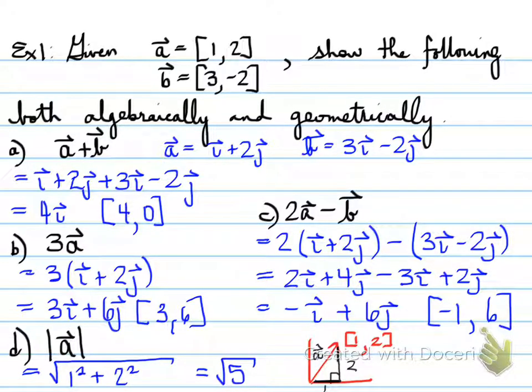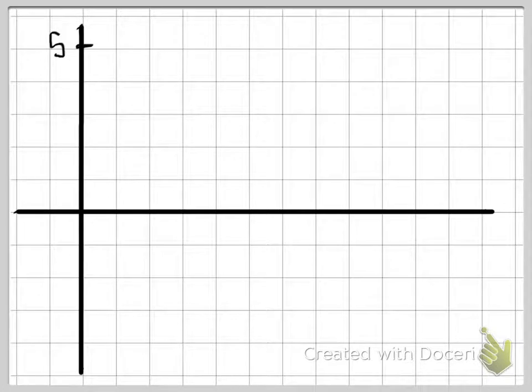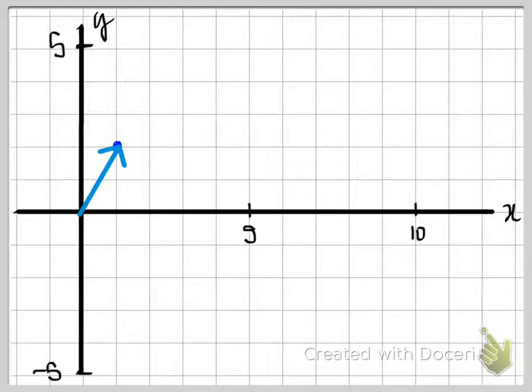Alright folks, now let's look at this geometrically. We're going to go through this really slowly. So, first of all, we need to have a graph. And basically we're going to graph each one of these separately. So starting with the first one, this is the vector A. Let's look at this.